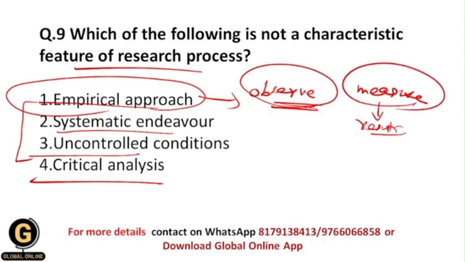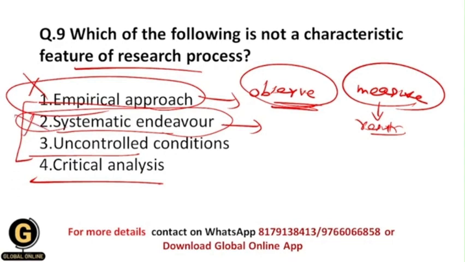This is one of the characteristics of research process, so this option gets eliminated. Systematic endeavor means systematic process, and as we have seen earlier in this video, research process is a systematic procedure in which we follow different steps in a sequential manner, and as well it is a scientific method. So this is again a characteristic of research process, so this gets eliminated.